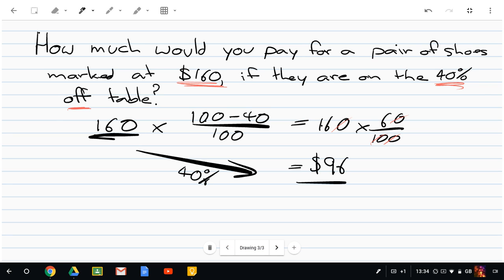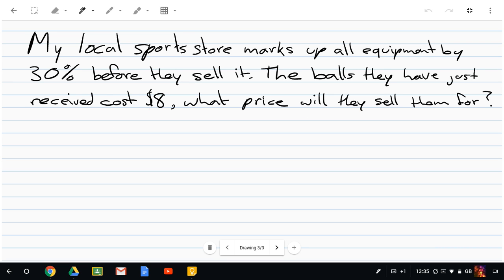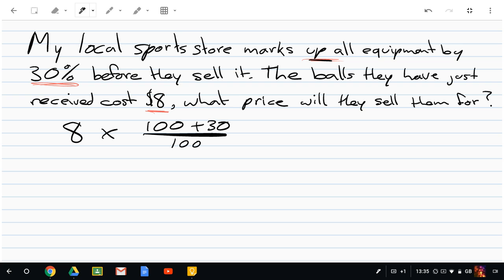Pretty good buy. And our last one, my local sports store marks up all equipment by 30% before they sell it. The balls they've just received cost $8. So what price will they be sold for? So if I start with my $8 and I want to mark it up by 30%, that's going to be my original 100 plus an extra 30%, and there's my percentage.